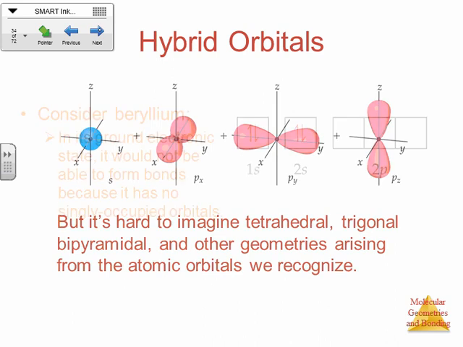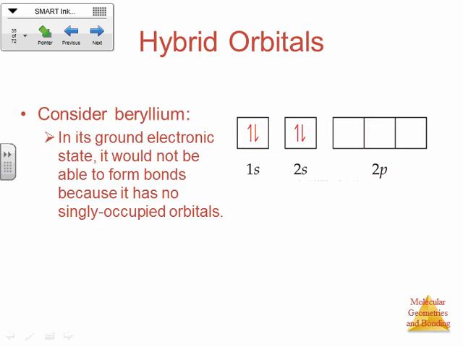So here's the basic idea with hybridization. I don't know if this will jog your memory a little bit. The idea with hybridization is, in order for something to bond with something else, orbitals have to overlap, okay? So if you want beryllium to bond with anything, it doesn't have any available open orbitals right now.